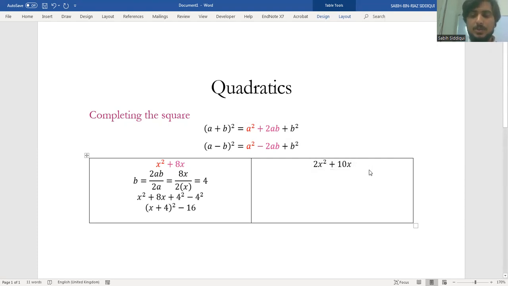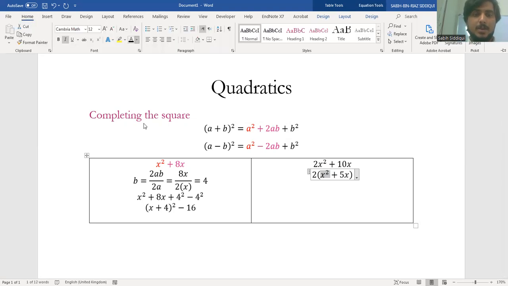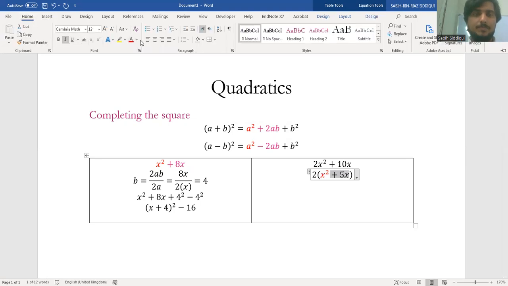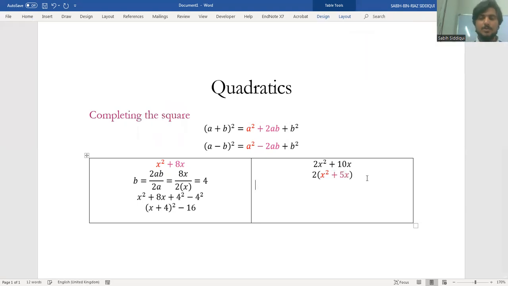What we can do is take 2 common and we are left with x squared plus 5x. Now this x squared becomes my a square, and this 5x becomes my 2ab.